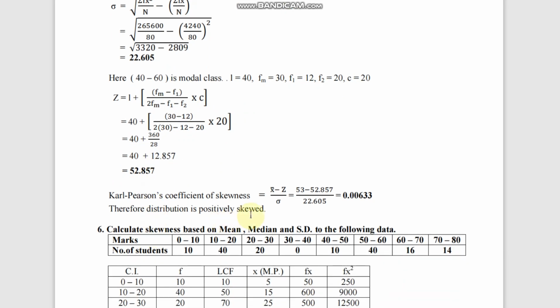And Karl Pearson's coefficient of skewness is given by x bar minus z divided by sigma, which is 0.00663. Again we observe that this number is positive. Also, the mean value is 53 and the mode value is slightly smaller than the mean, that is 52.87. Hence the distribution is positively skewed. This is how we have to write the conclusion of the given problem.